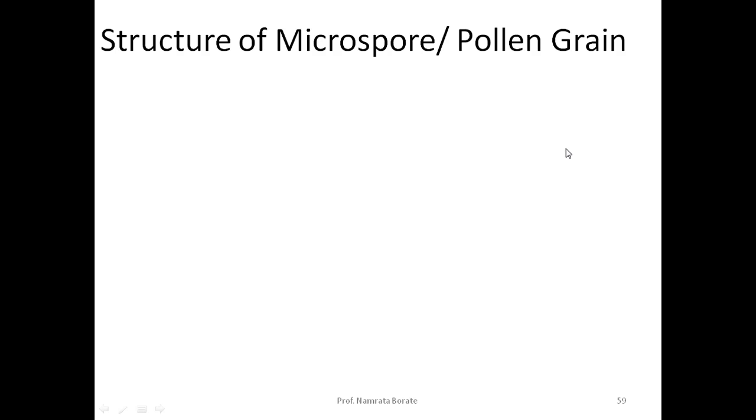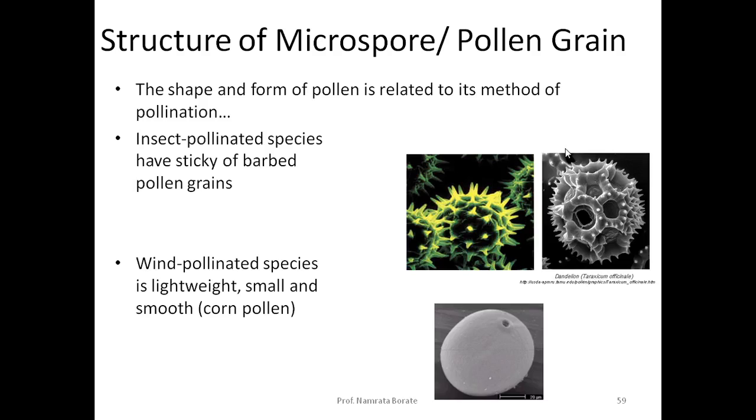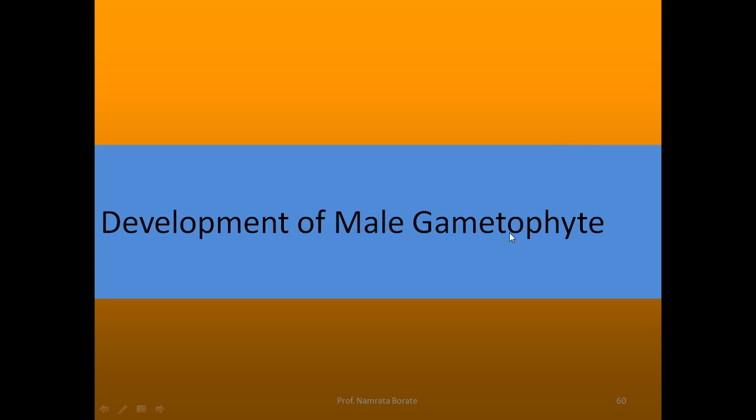Next part, development of male gametophyte. Development of male gametophyte starts inside the pollen sac of anther before pollination and is completed on the stigma of gynoecium after pollination.